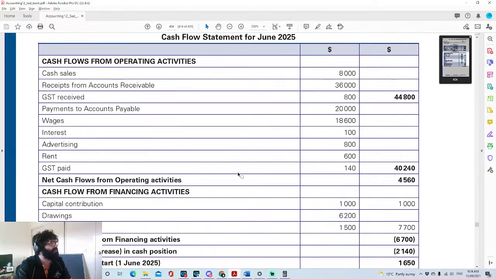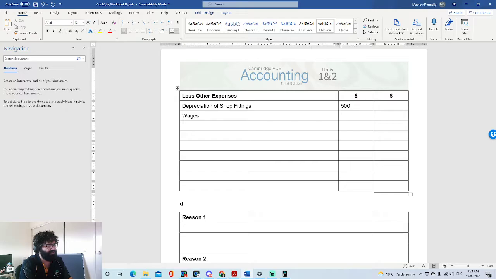So now I just need to put these 4 items in.